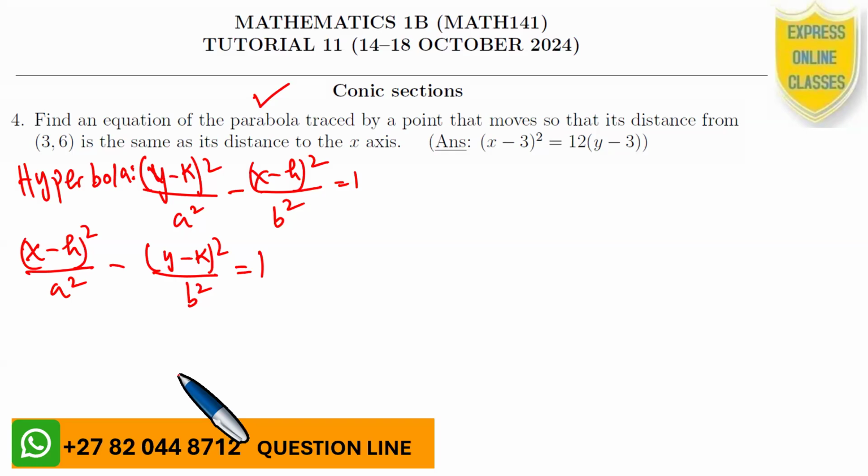The hyperbola is like 2 of the formulas. Then we study also the ellipse. What do we know about these equations? It's not just equations, but they have specific properties.